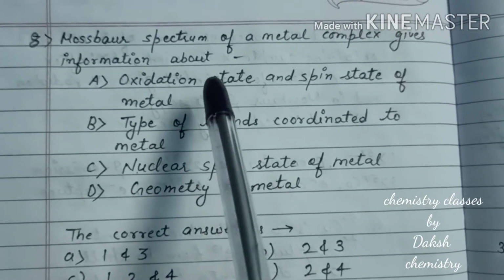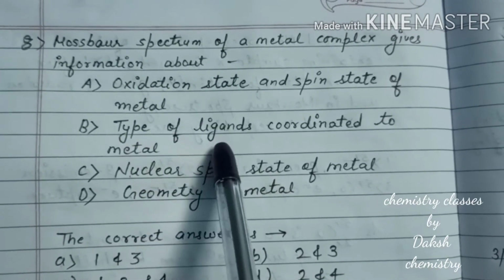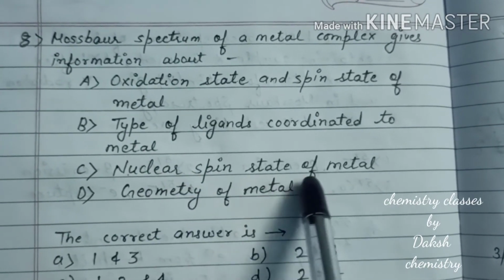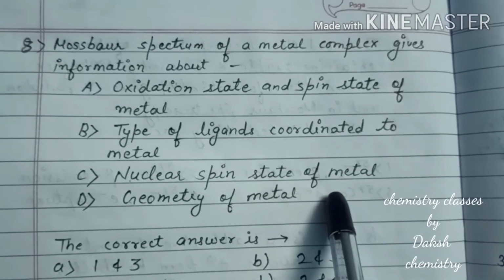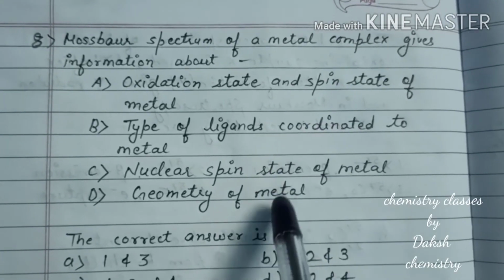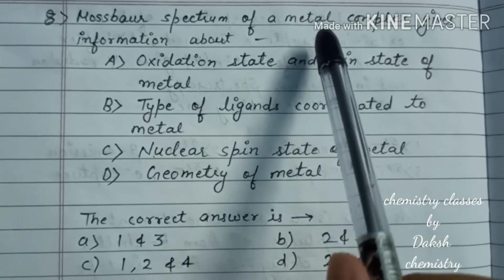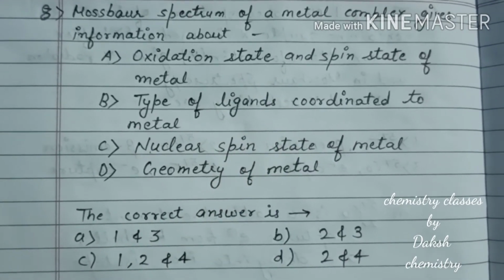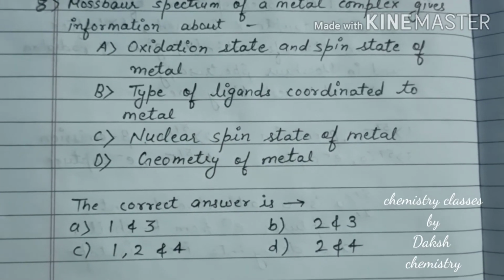But the Mossbauer spectrum does not give any information about the nuclear spin state of the metal. So our correct option is first, second and fourth. So the correct option is C.